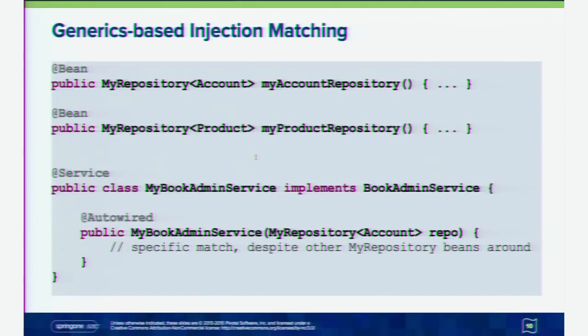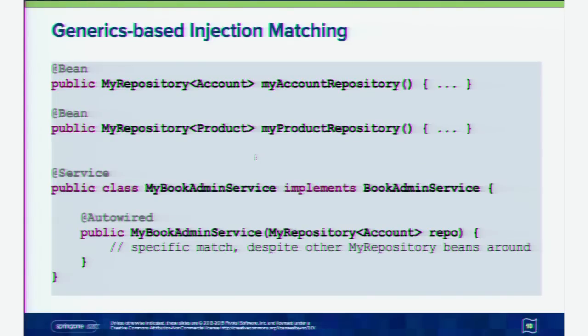So, flipping the perspective a bit again, let's look at injection points. Injection points are the place where you demand access, demand references to some other components. Typically declared using the @Autowired annotation, with @Autowired to be found on a constructor here, saying, for this MyBookAdminService here, I want a MyRepository of Account.